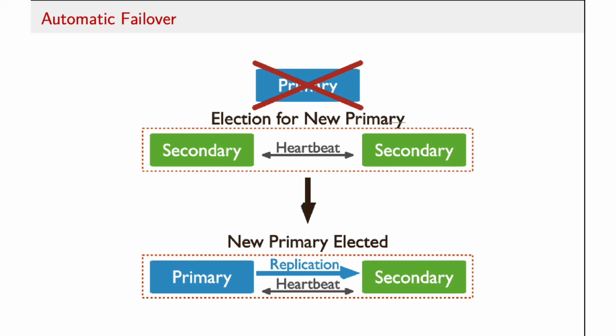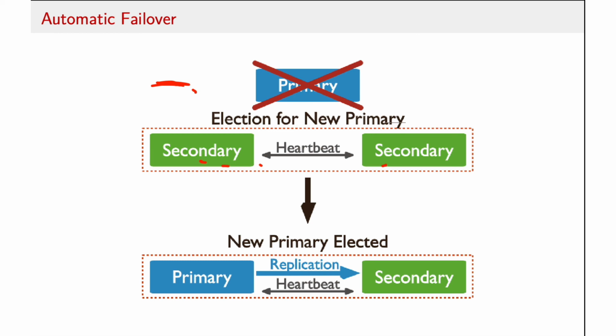So we've got a picture of that here. We're showing that the primary node went down and is no longer participating in that heartbeat exchange, but the secondary nodes are still working, sending their heartbeat information to one another and recognizing that each of them is continuing to function normally. And if this state persists for more than 10 seconds, the secondaries are then going to hold an election.